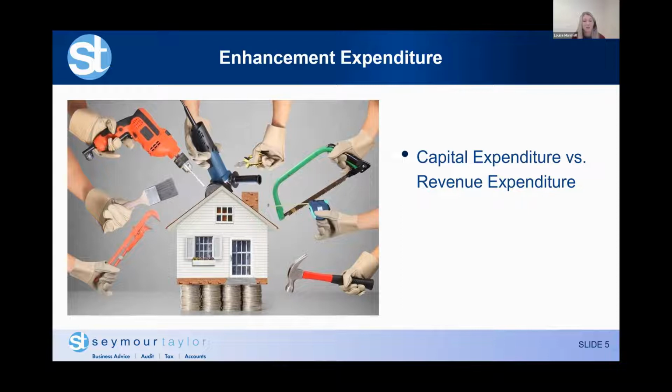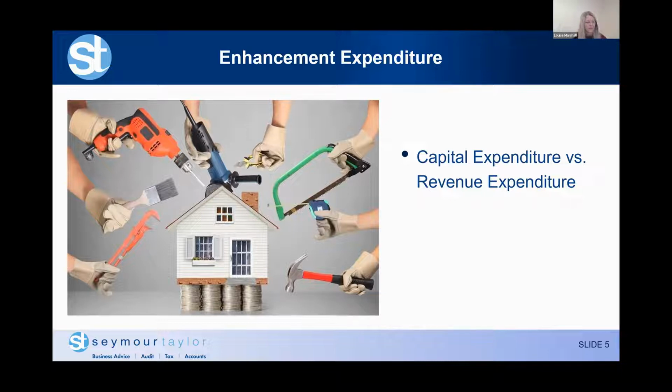But generally, most of those things would be classified as revenue rather than capital. Obviously, there's a lot that falls in between these two things. So it's an area that you might want to explore and consider when it comes to your capital gains tax calculations.